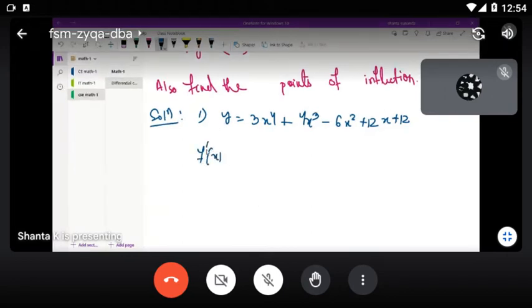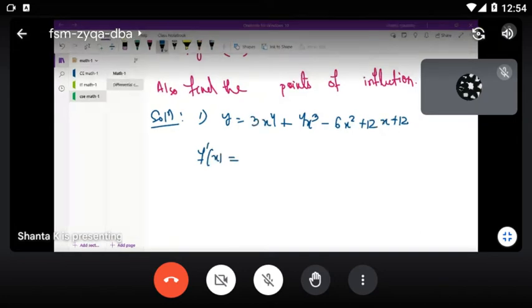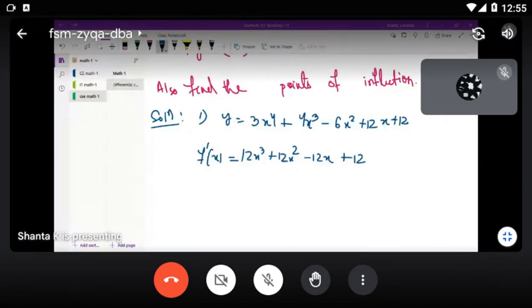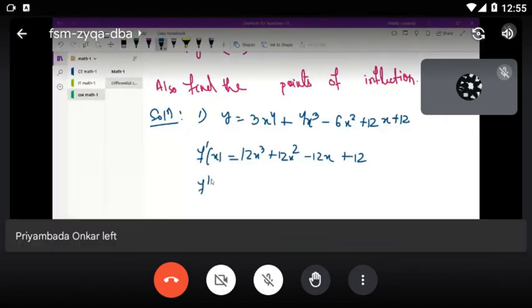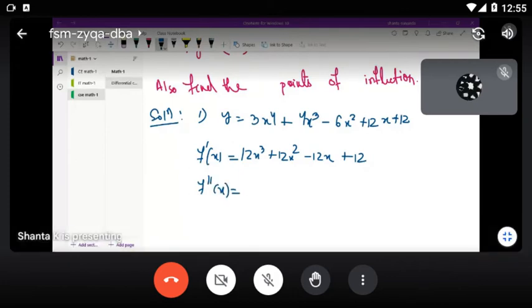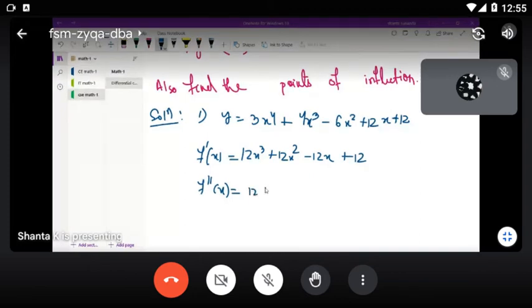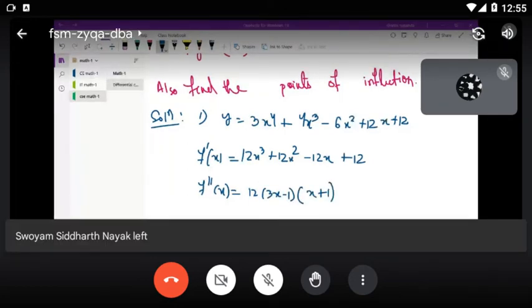So here, why is this so? Let's look at f dash x: 12x cube plus 12x square minus 12x plus 12. Then f double dash x, so this is your second order derivative.